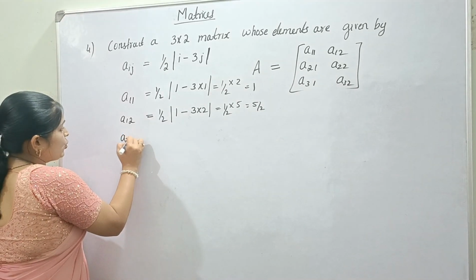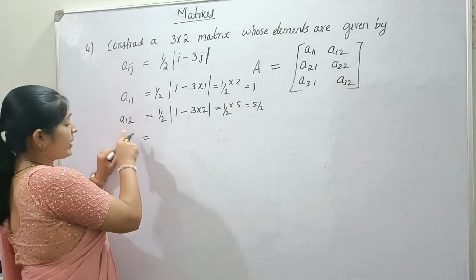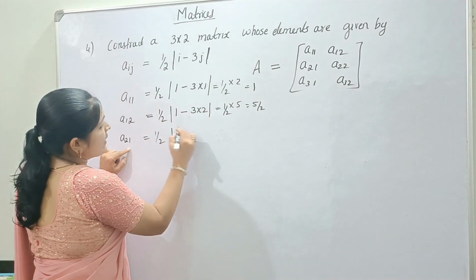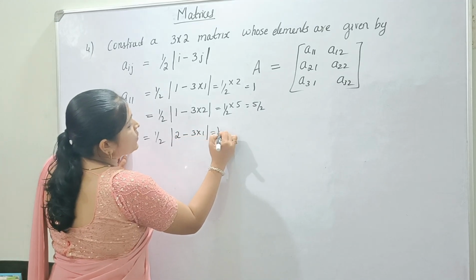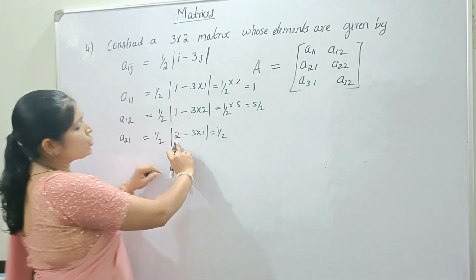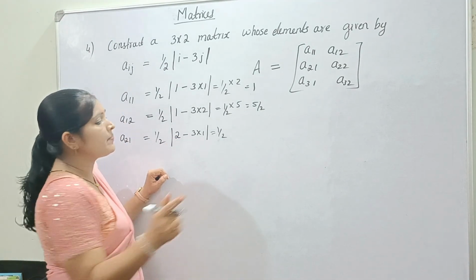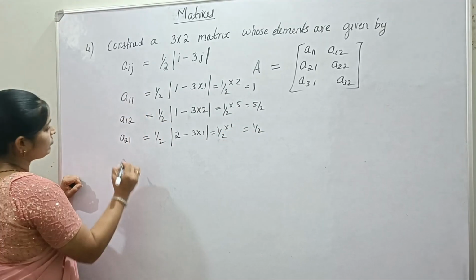Next, A21: here i is equal to 2, j is equal to 1. Substitute, that is 1 by 2 into modulus of 2 minus 3, that is minus 1, modulus minus 1 is 1, so 1 by 2 into 1 is 1 by 2.